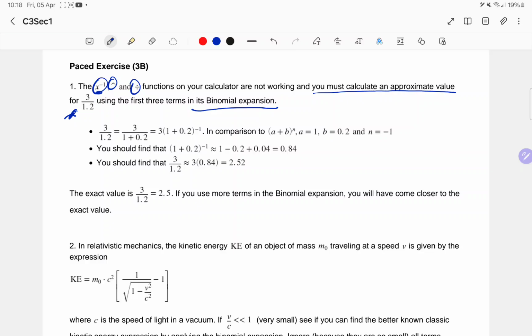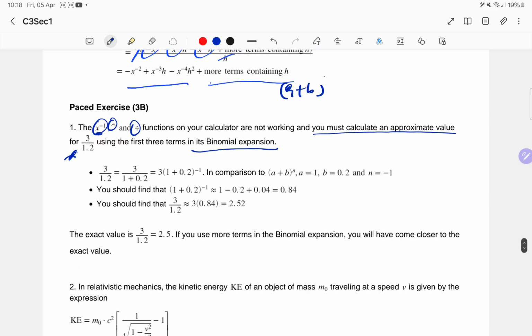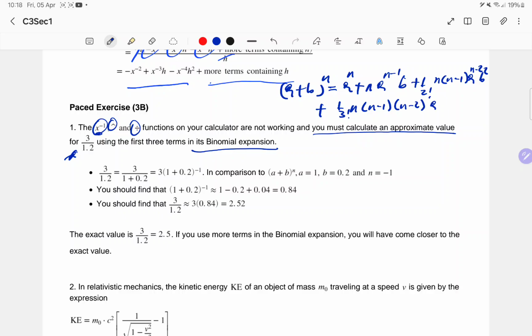So remember, the binomial expansion, in expanding (a plus b) to the power n, is given by a to the power n plus n a to the power n minus 1 times b plus 1 over 2 factorial n into n minus 1 a to the n minus 2 b squared plus 1 over 3 factorial n into n minus 1 into n minus 2 a to the n minus 3 b cubed, and so on.